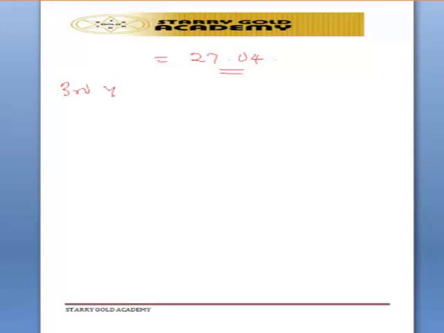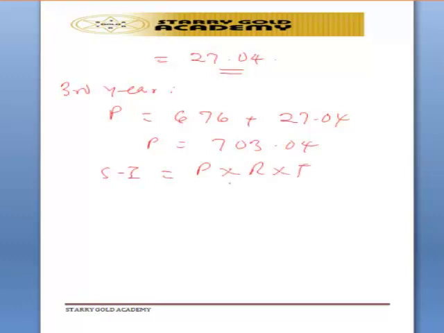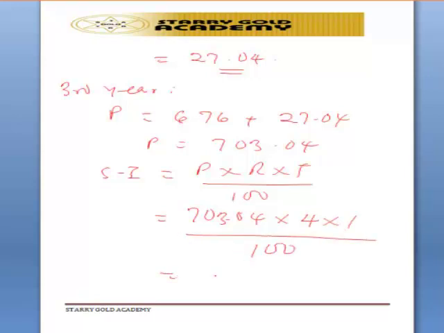So third year, my principal, don't forget, will be 676 plus 27.04, which is 703.04. So I can get my SI to be P times R times T over 100. That will be 703.04 times 4 times 1. All those are constant, like I told us, over 100. This will give us 28.12. So this can take me to my fourth year.